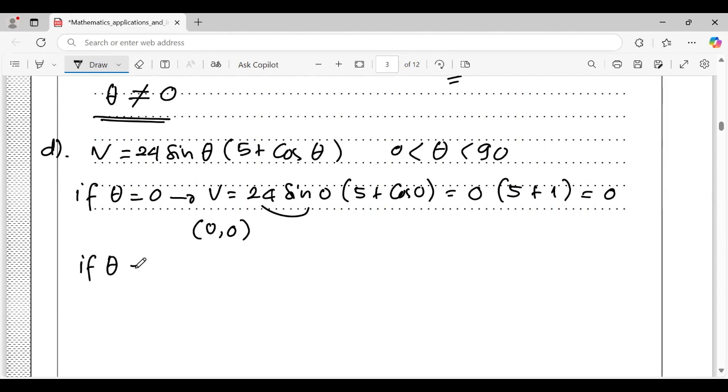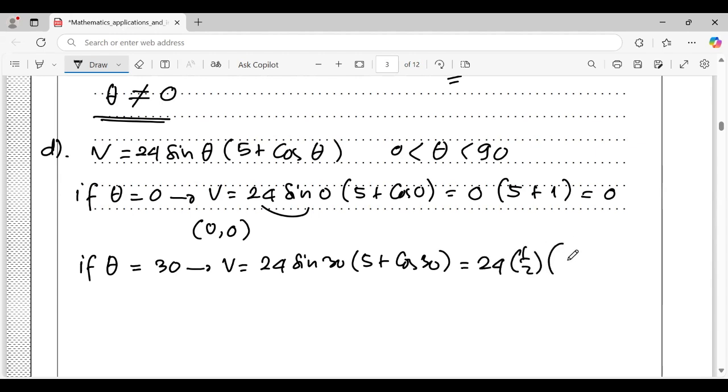If theta equals 30, the volume will be 24 sine 30 multiply 5 plus cosine 30. Sine 30 is 1/2 and cosine 30 is square root 3 over 2.